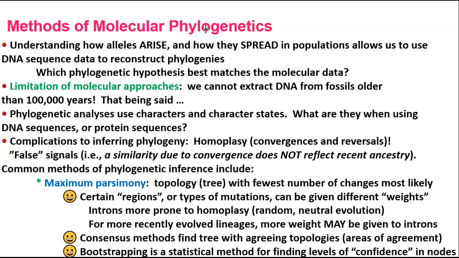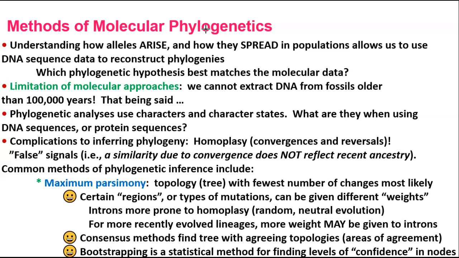Very briefly, a random sample of data is taken and a phylogeny is constructed from that data. That data is put back, and then a random sample is taken again and a phylogeny is constructed and put back. And this is done repeatedly. And in the end, all the phylogenetic trees that were done from each sampling of data are compared.